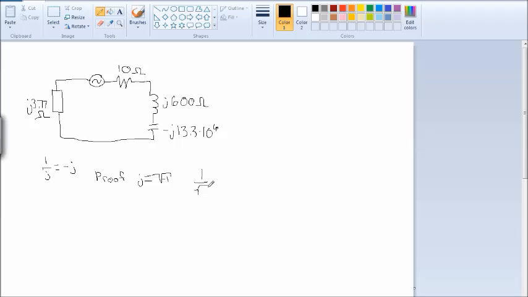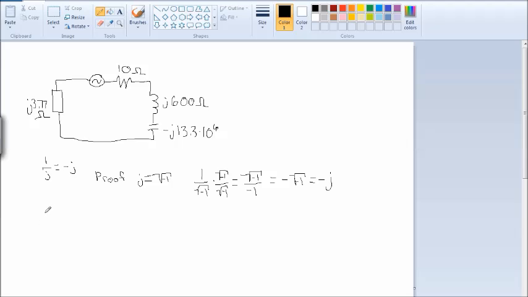So if you have 1 over the square root of negative 1, if we were to multiply the top and the bottom by that same radical, we would get the square root of negative 1 over negative 1, which is equal to the negative square root of negative 1, which is equal to negative j.